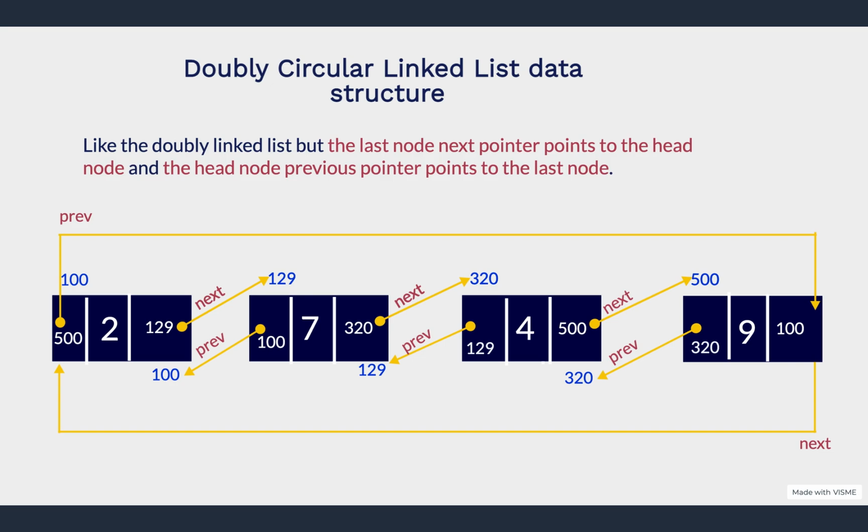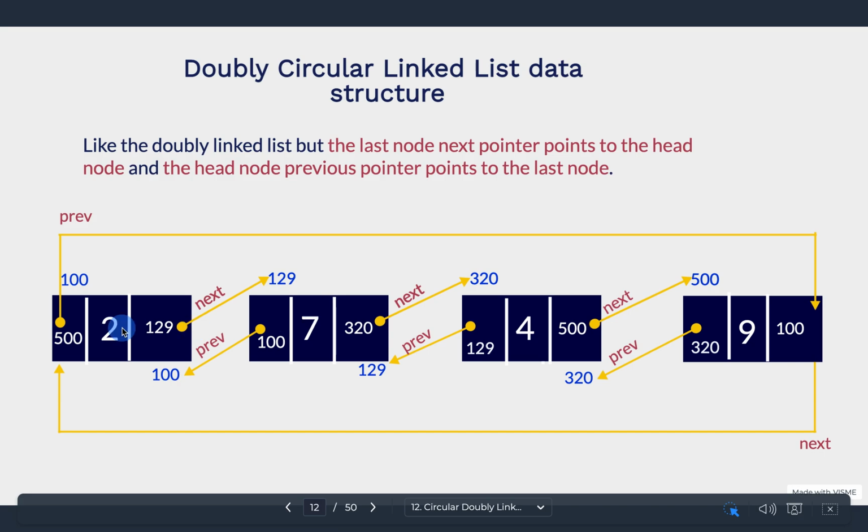And finally, we have the doubly circular linked list. A doubly circular linked list is the same as the doubly linked list, except for the fact that the previous pointer in the head node points to the tail node, and the next pointer in the tail node points to the head node.